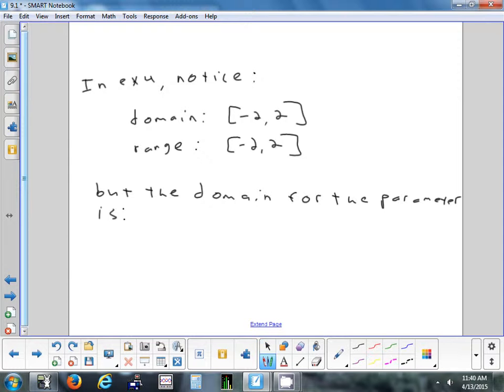All right, so in example 4, the one we just did with the circle, the domain is -2 to 2, the range is -2 to 2, but the domain for the parameter was 0 to 2 pi. If you don't go to 2 pi, you won't get a full circle. What would happen if you go beyond 2 pi?